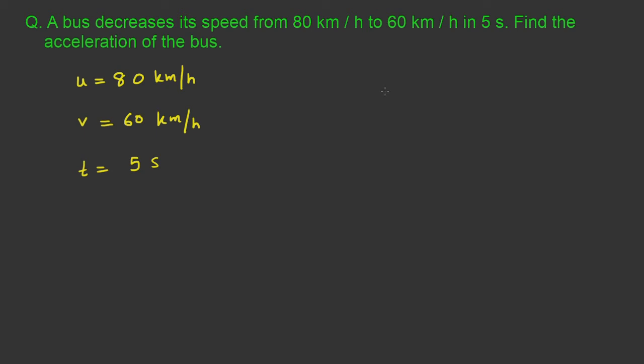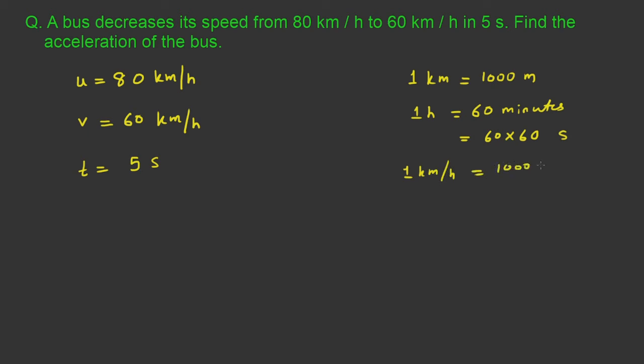So let us first understand how to convert kilometer per hour into meter per second. We know 1 kilometer is equal to 1000 meter and 1 hour is equal to 60 minutes, that is equal to 60 into 60 seconds. So 1 kilometer per hour is equal to 1000 divided by 60 into 60 meter per second.